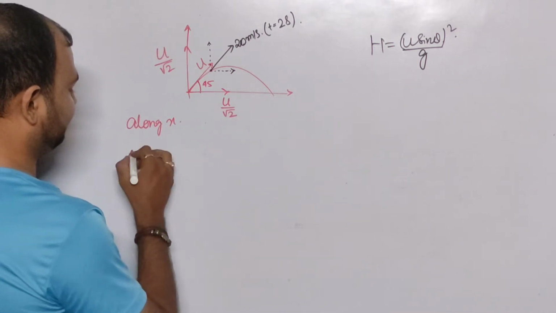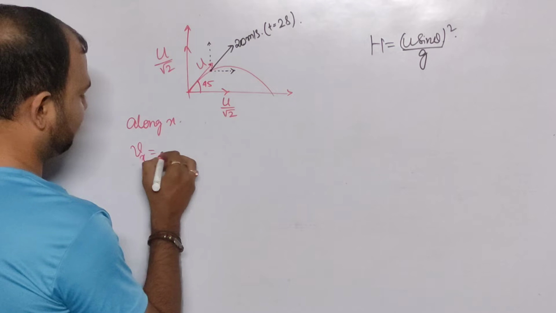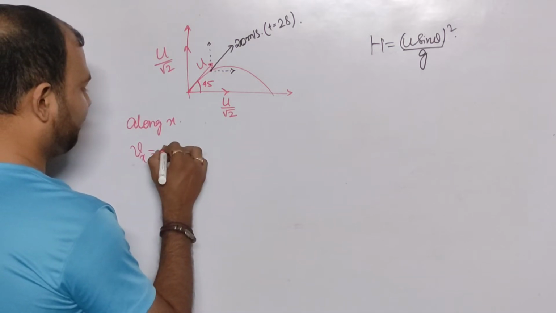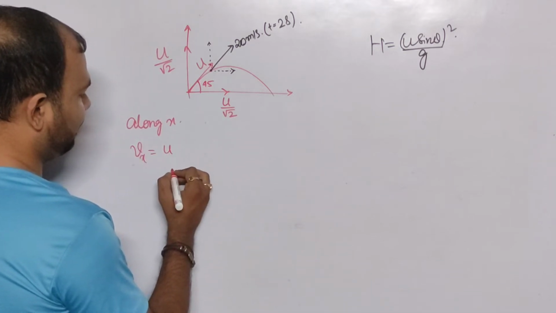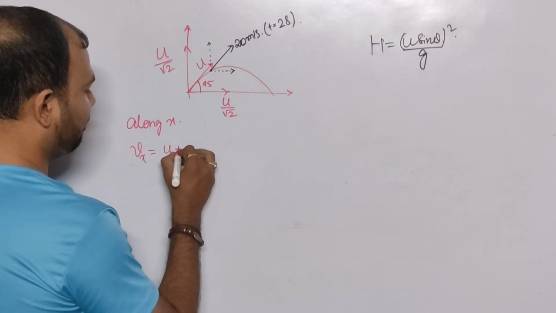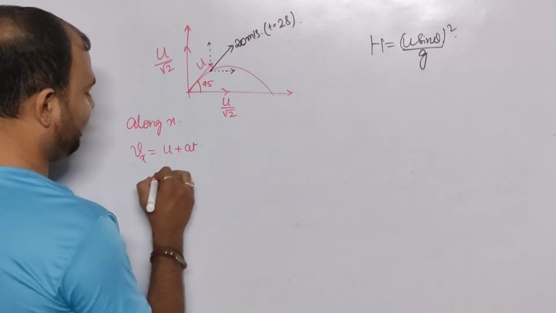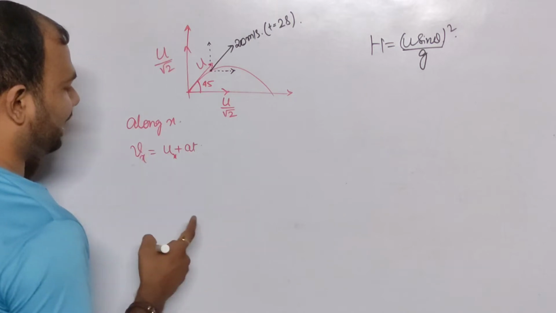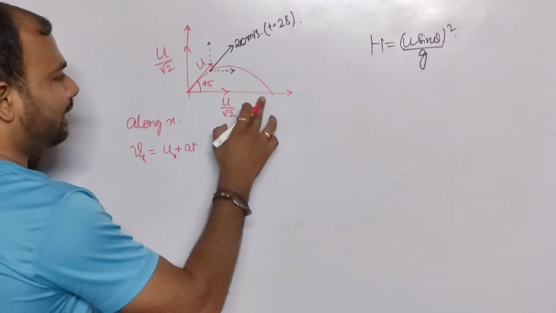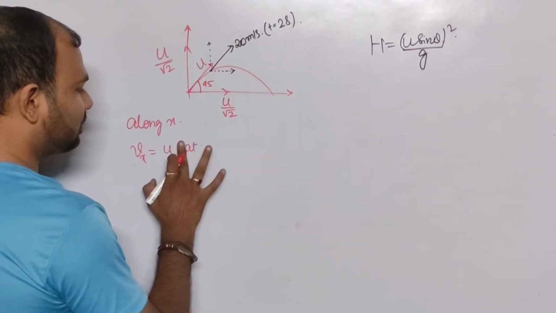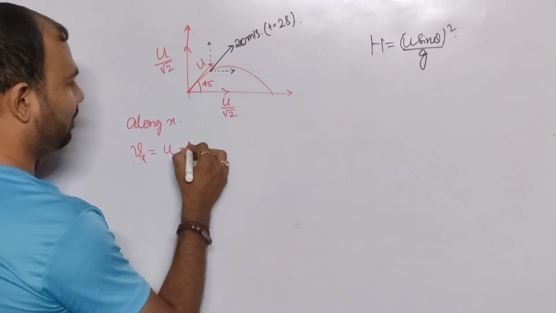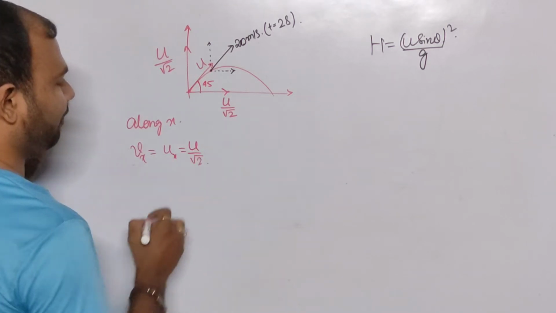Vx is equal to u plus at. We know that there is no acceleration along x-axis, so this will be equal to u by root 2.